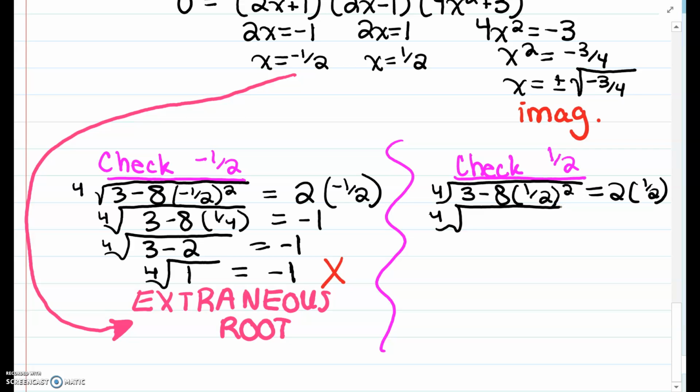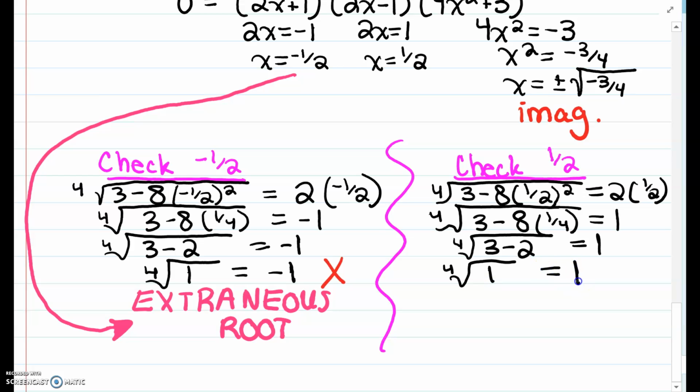We get the fourth root of 3 minus 2 equals 1, and we get the fourth root of 1 equals 1. And this is true. So 1/2 does satisfy the original equation.